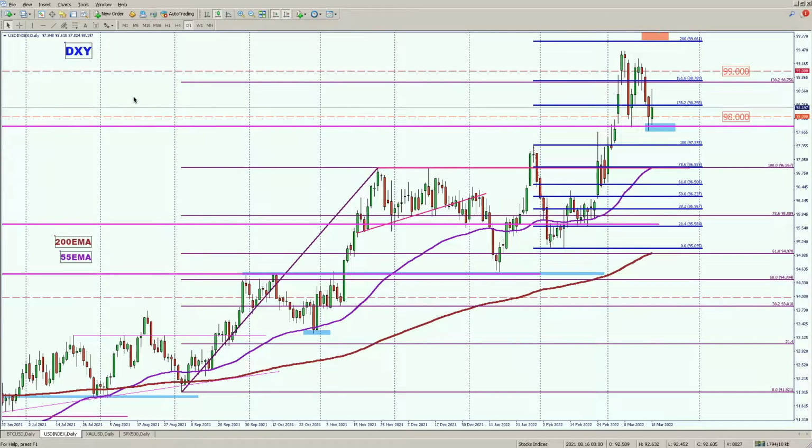Here's the DXY, US dollar index, and after hovering at the 99 level from the start of the week, Wednesday was the big drop, the start of the drop after the FOMC announcement that they would increase rates by 0.25%, with an additional 6 rate hikes for the rest of the year, to reach a 2% interest rate target.